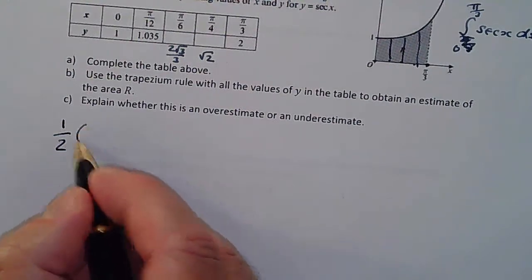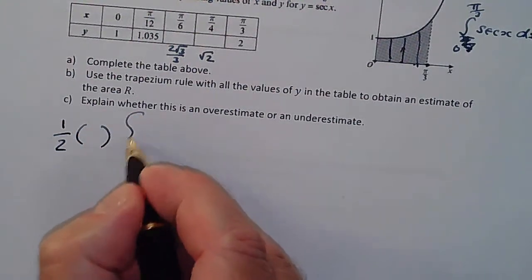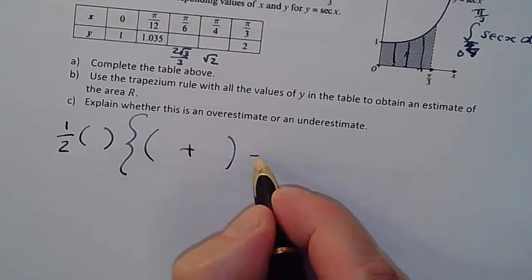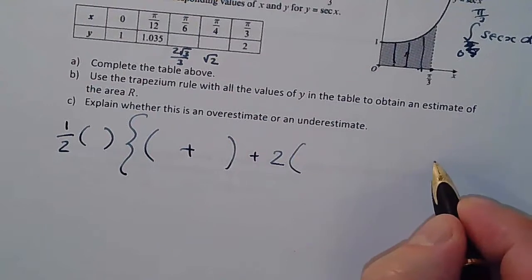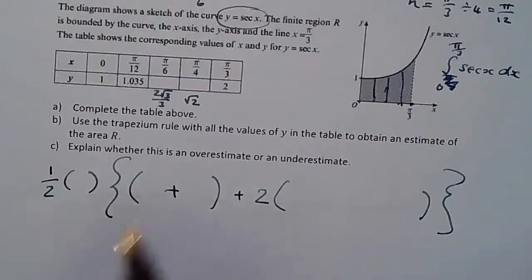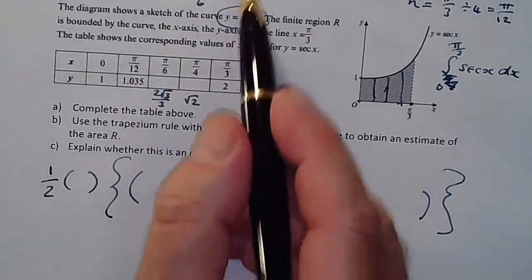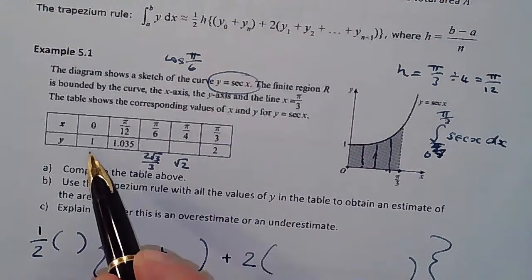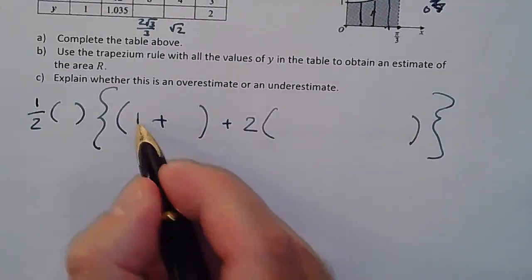We're going to have a half times whatever h is, times big curly brackets, times an addition of 2 terms here, plus 2 times an addition of lots of terms here, and then close the big curly brackets. In the first stage, we've got to do y0 plus yn, which is the first one plus the last one, so that's 1 plus 2.